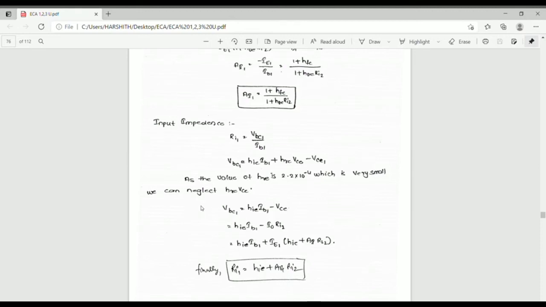So it becomes VBC1 equals hie IB1 minus VCE. It can be simplified: VCE equals I0 RI1, voltage equals current into resistance. So finally, RI1 equals hie plus AI into RI2.